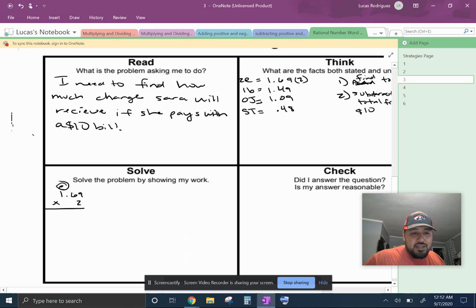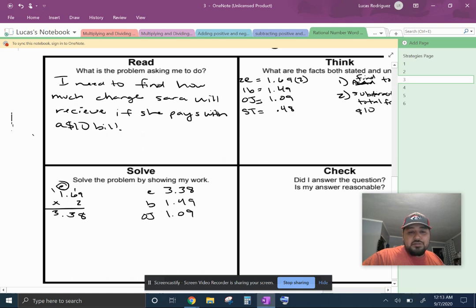So 9, 18, 6, 12, 13, and then 2, 3. So for eggs, she paid $3.38. For bacon, she paid $1.49. And then for OJ, she paid $1.09.